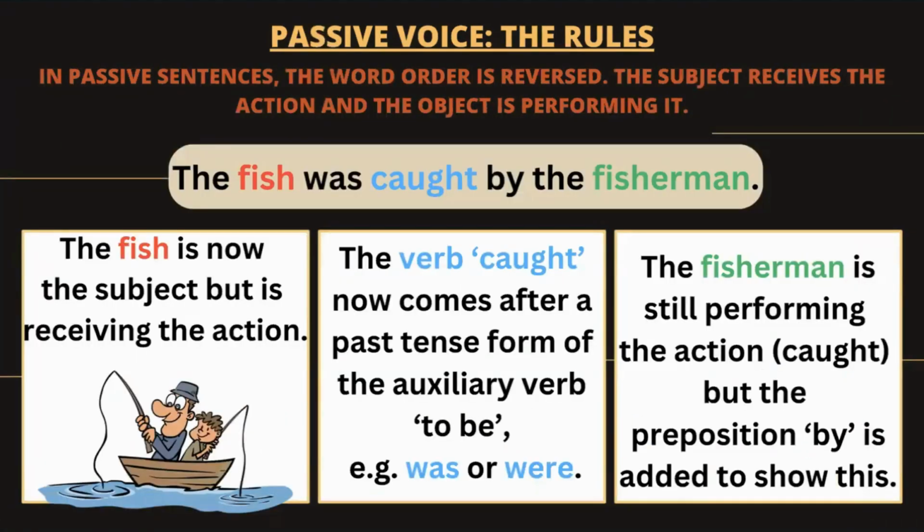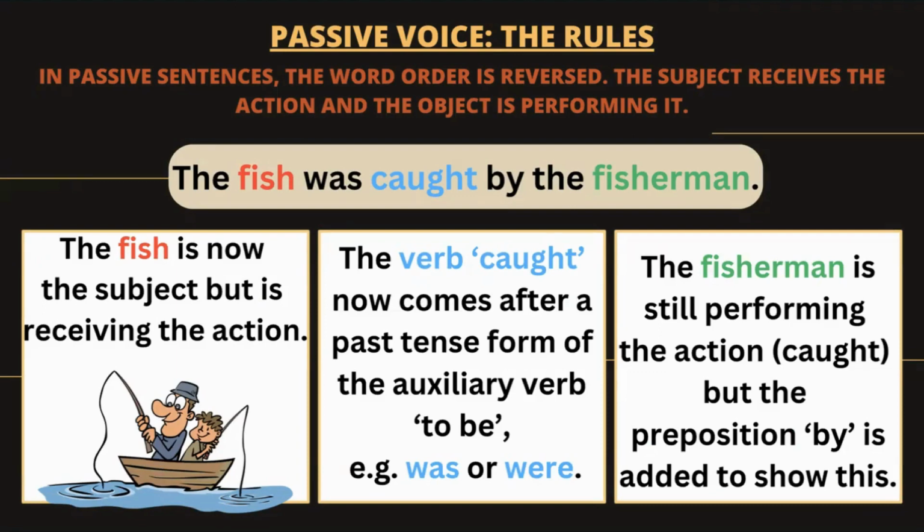Now let's see the rules for passive voice. In passive sentences, the word order is reversed. The subject receives the action and the object is performing it. For example, the fish was caught by the fisherman. The fish is now the subject, but it is receiving the action, whereas the verb is caught.